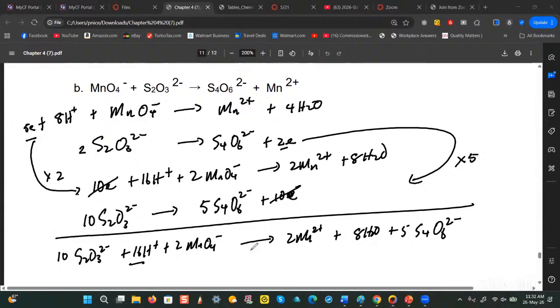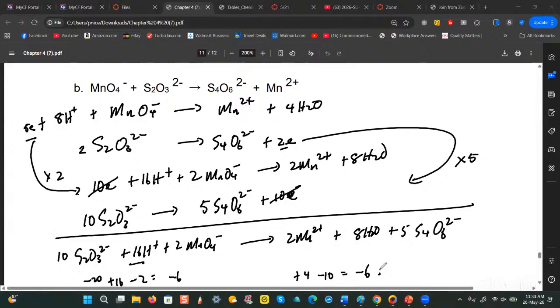We have 2 manganese here, 2 manganese, and then as far as the charges go, we have minus 20 plus 16 minus 2, so that gives you what? 16 minus 2 gives you 14, yeah, minus 6. And then on this side here, we have plus 4. And here we have 5 times minus 2, so that's minus 10. So that's minus 6 again, so the charges are balanced as well.